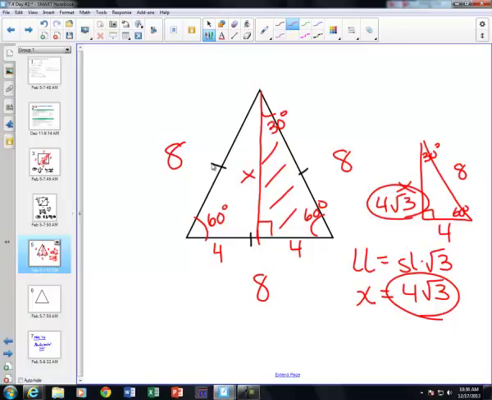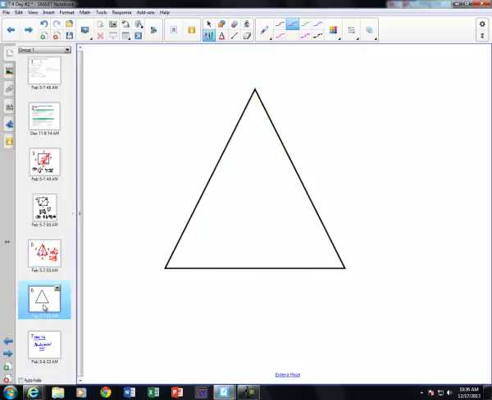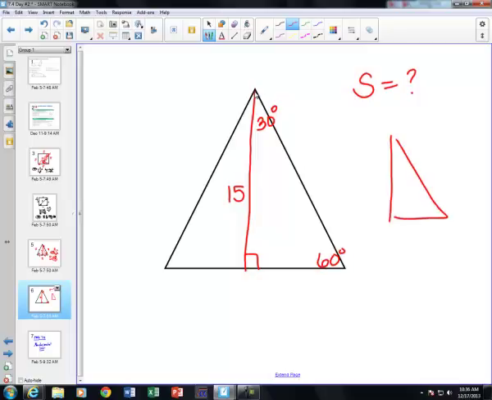Okay, one more. Let's say I give you an equilateral triangle again, and I tell you this time that your altitude is 15. And I want you to find the side length of each of the sides of this triangle. Well, we just said it's going to cut it into a 30-60-90 right triangle, and so we're looking at this scenario here.